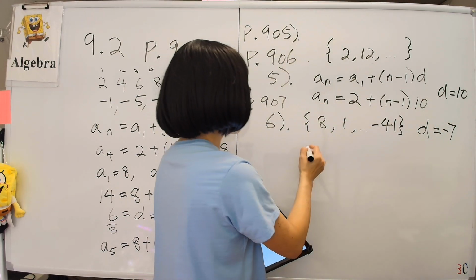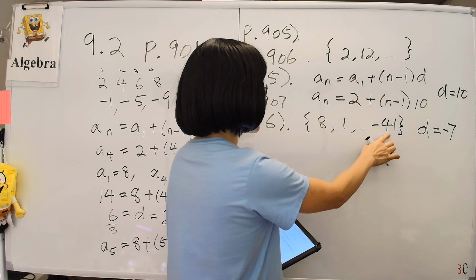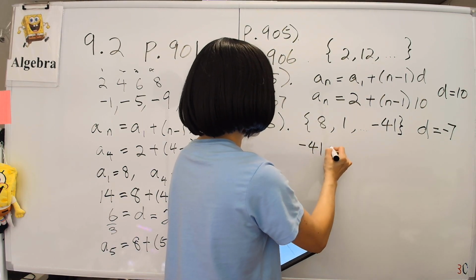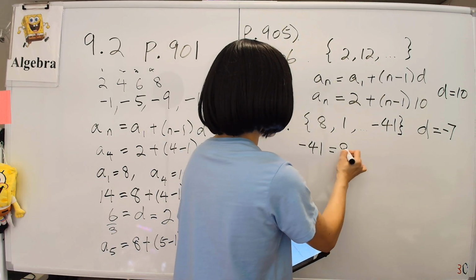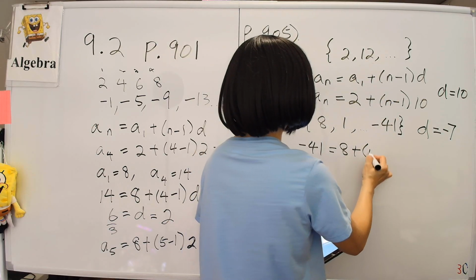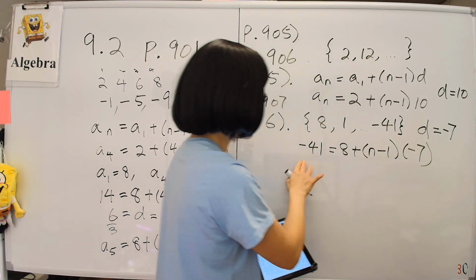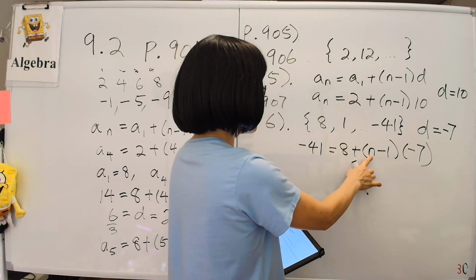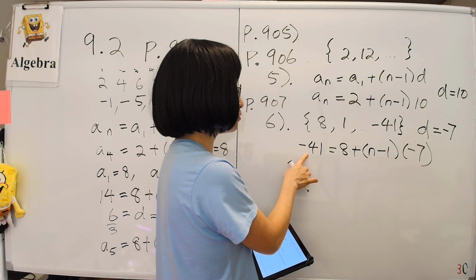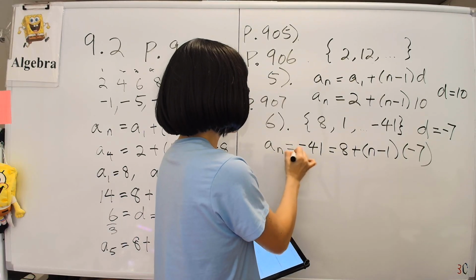So let's write down the formula. Then an equals, in this case, we're trying to figure out n. So negative 41, which is an, equals the initial term, 8, plus n minus 1 times the difference, negative 7. Now this equation right here will give us what n is for an equals negative 41.